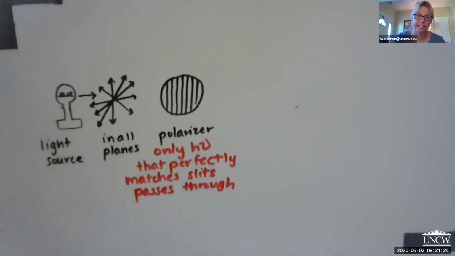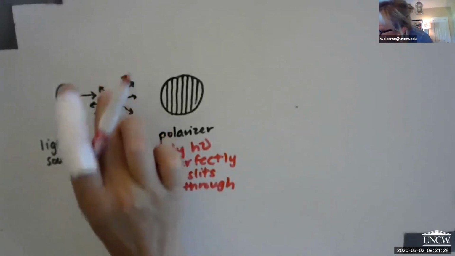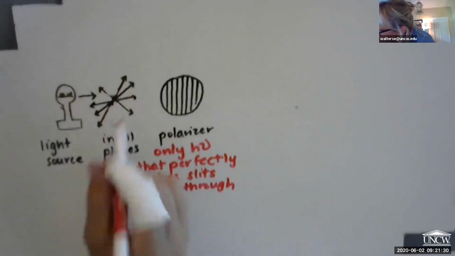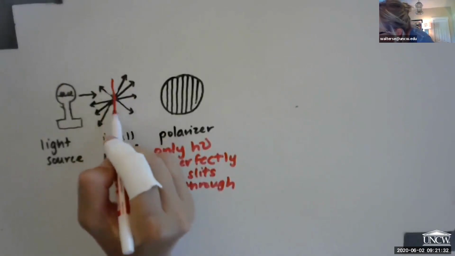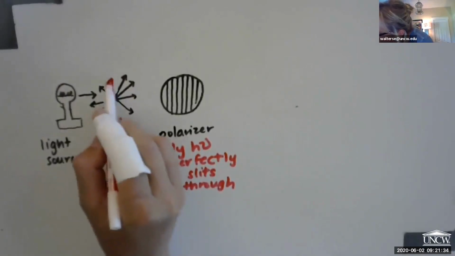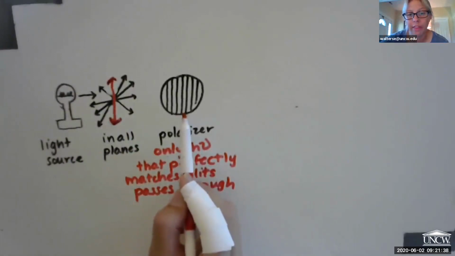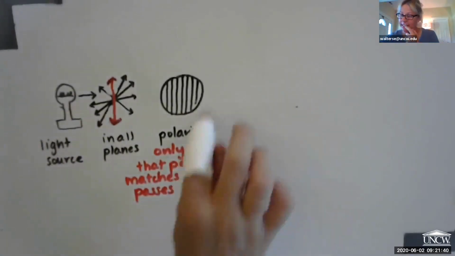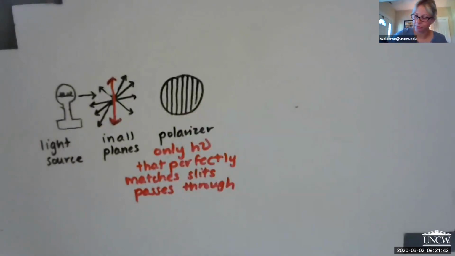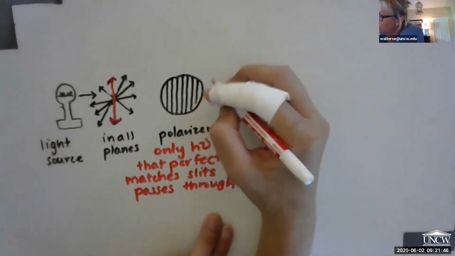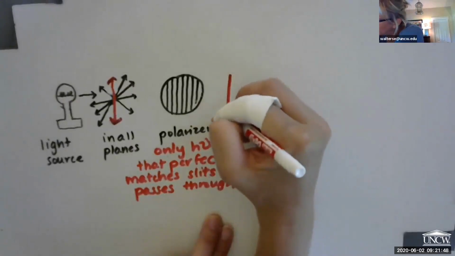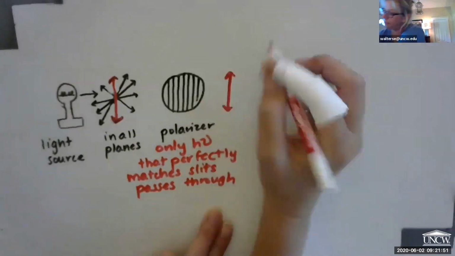All other light is blocked. So in this drawing here, I'm going to replace this one that was vertical with this red line, because this red line is going to match up perfectly with these slits in the polarizer, so that what comes out of the polarizer is a single plane of light.